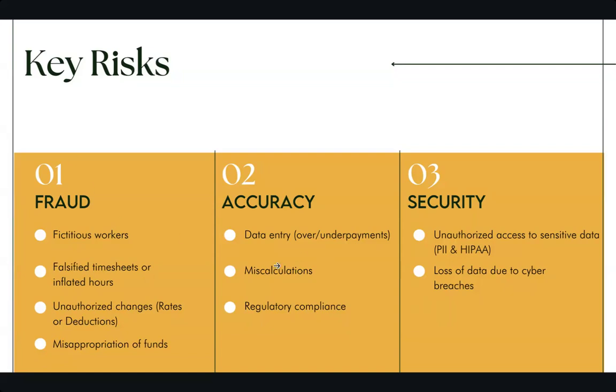That is why these are separated in this way. Fraud risks don't have to be material in order for them to be a significant risk. And accuracy and security relate to the potential errors that could exist within the payroll process.